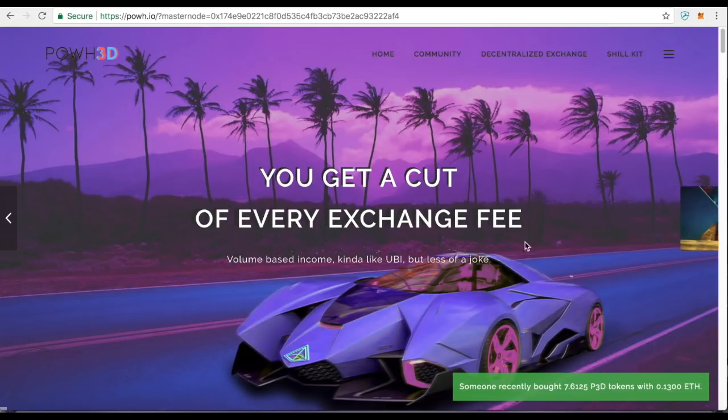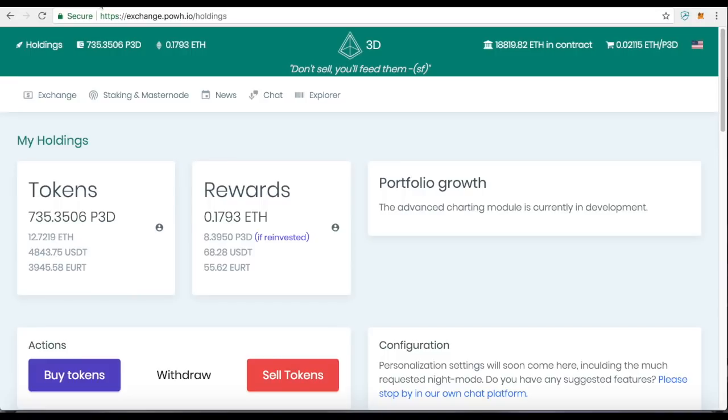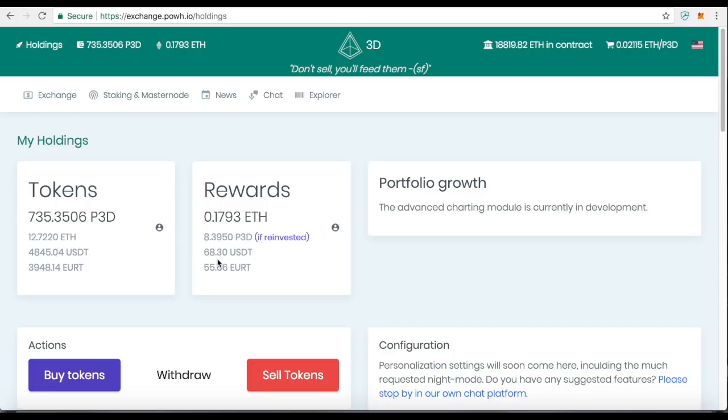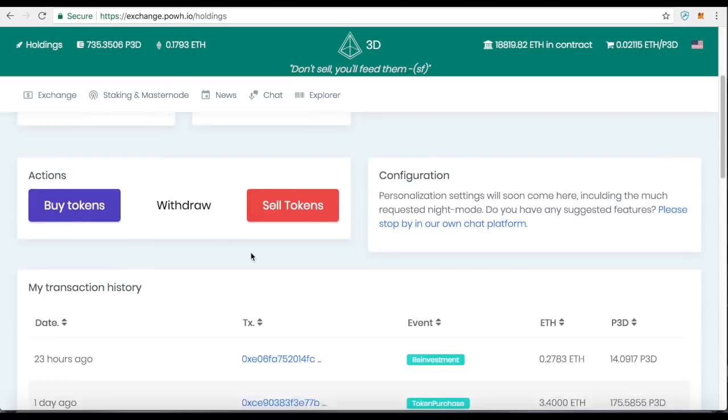Okay, so this is really, really interesting, folks, because right now I hold 735 P3D tokens, and the value in Ethereum, as you can see, is now $4,800. And this is what I've made so far. I've already reinvested, I think, 14 coins. Where can I see that?